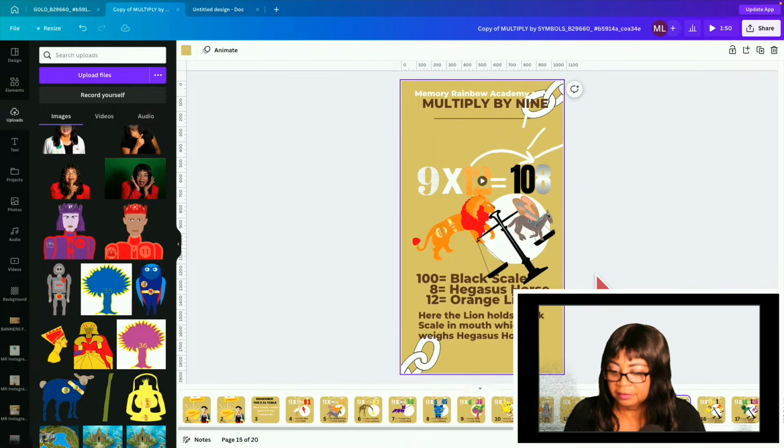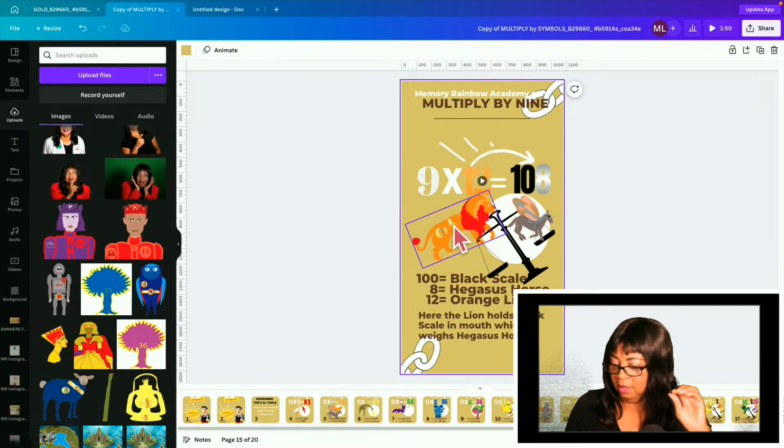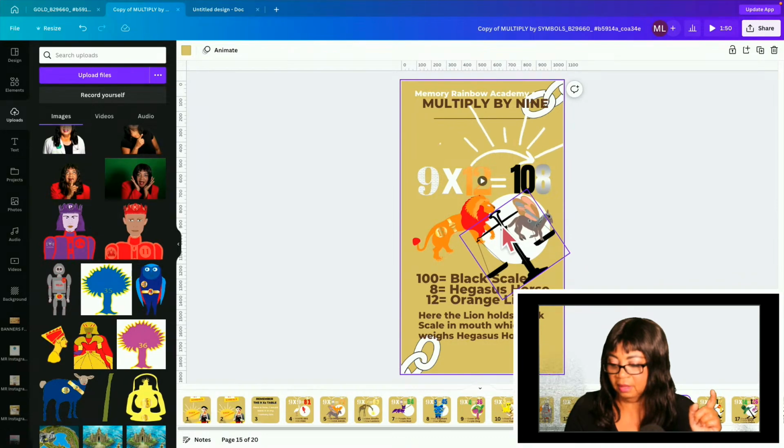So here we have the gigantic lion. This orange lion is holding the scale in his mouth, and he's weighing at the very end the last digit that I said is very important. The silver digit here is going to be Pegasus, the winged horse, and it's on the scale.